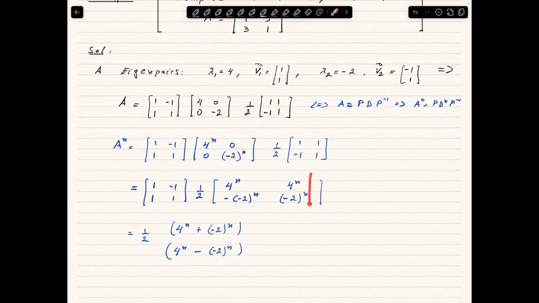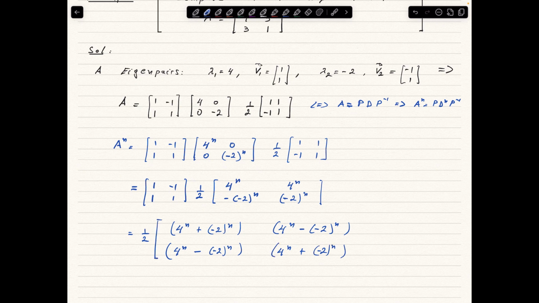Then this column, this row is going to have a minus here, so we are going to have 4 to the power n minus 2 to the power n. That is that component, and the very last one, this times that, is going to be 4 to the power n plus negative 2 to the power n. And this is the matrix.